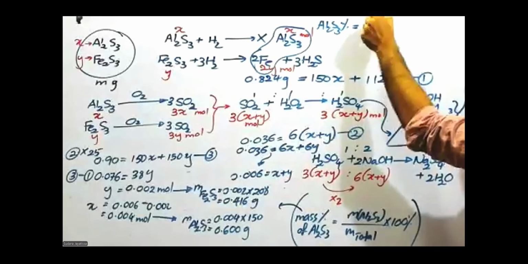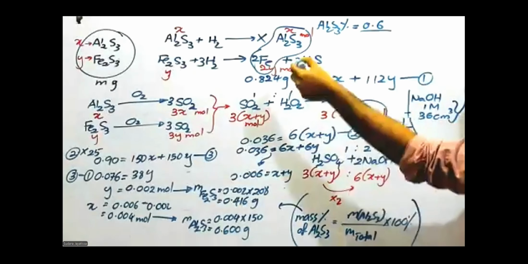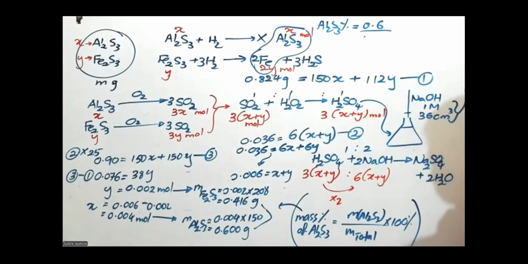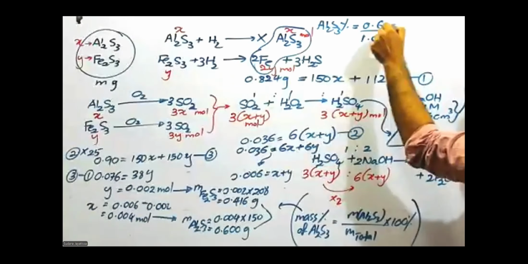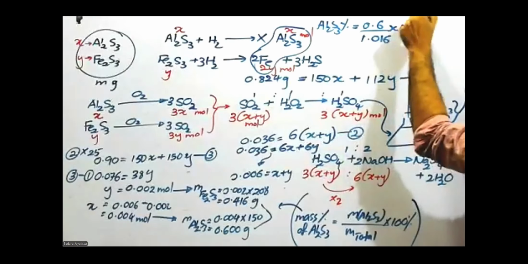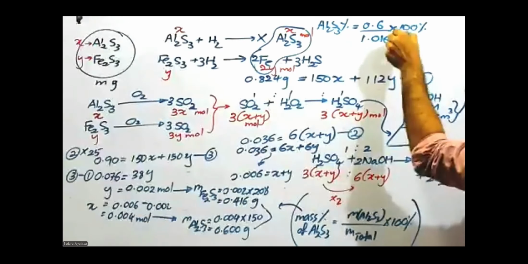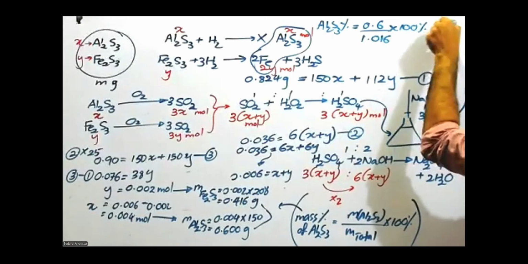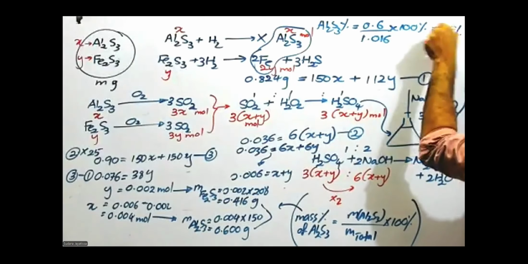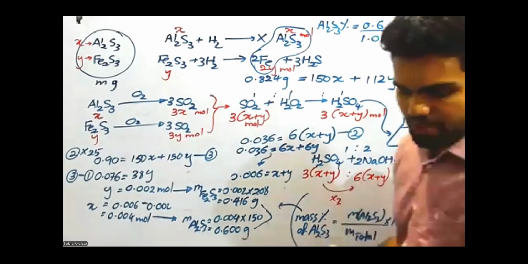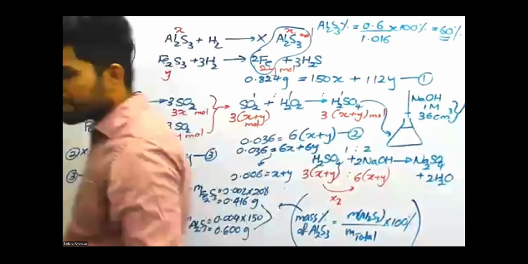Get this 0.6 divided by the total mass, which, if you add these two, you will get 1.016, and into 100%. It's almost 60%. So let's see whether the marking scheme gives marks for 60%, or if not, we have to do the full simplification. And the other one must be 40%.